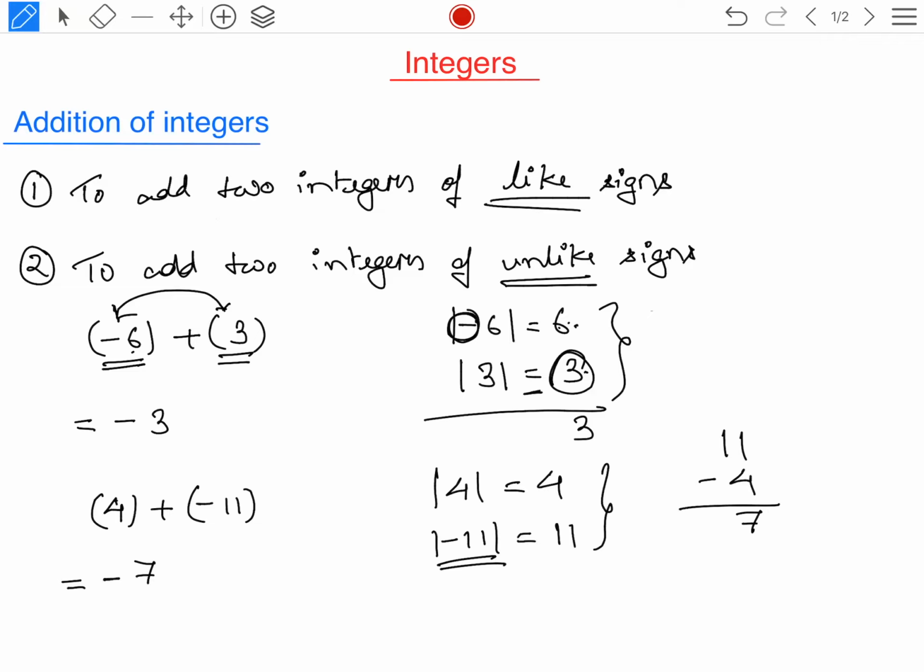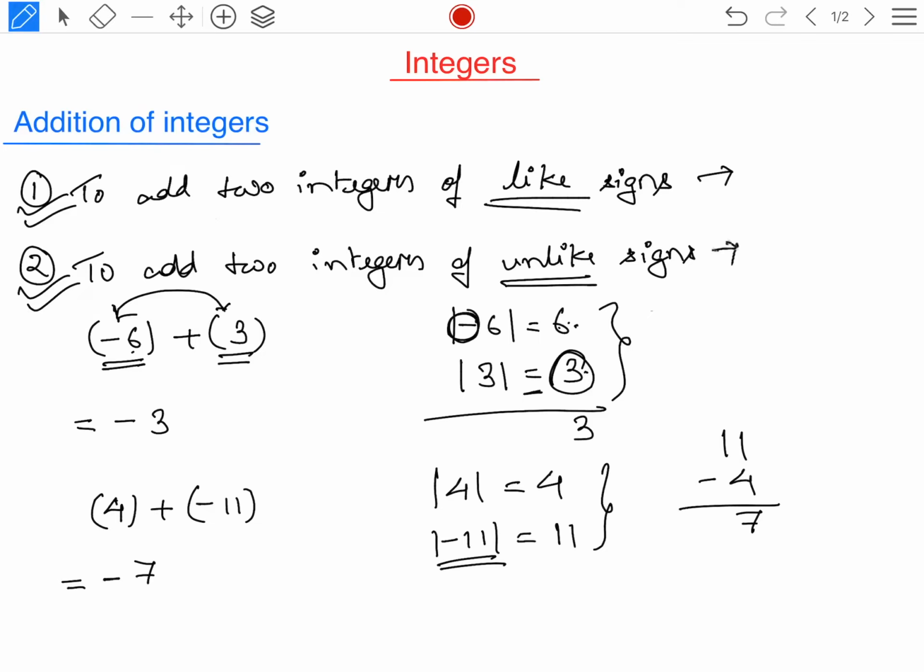Yes or no? So first, we have learned how to add two integers of like signs. Second, the method to add two integers of unlike signs. In case of like signs, we will write the common symbol first, either positive or negative, then we will add the absolute values, then write the answer. In case of unlike signs, we find the absolute values, then find the greater number.